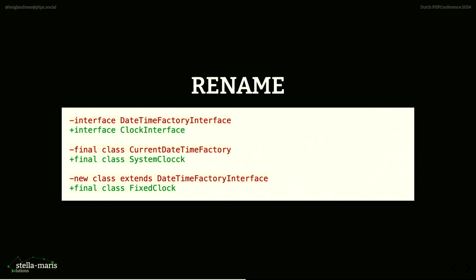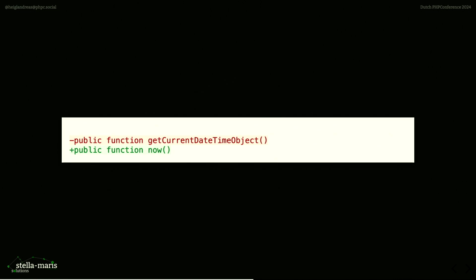And this anonymous class, let's call that a frozen clock, because we are freezing the time to a certain thing. And this awesomely long-named getCurrentDatetime object function is just now. That's it.